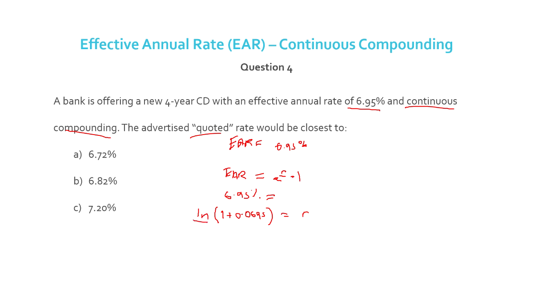So on your calculator there'll be the ln button, so it's taking the natural log, and then inside that function we're just going to put 1 plus 0.0695, and that should get us our R. Which is going to be 6.72%. So our answer is going to be A.